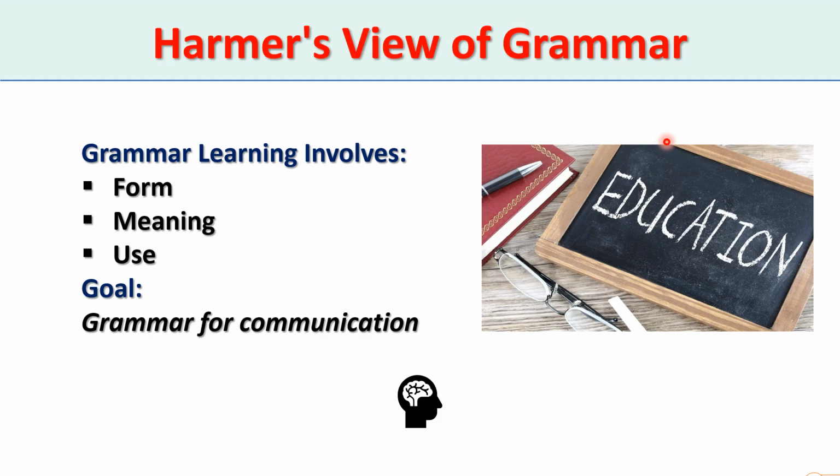The form of present continuous is subject plus to be and verb-ing, for example, they are studying or he is reading. So that is about the form.